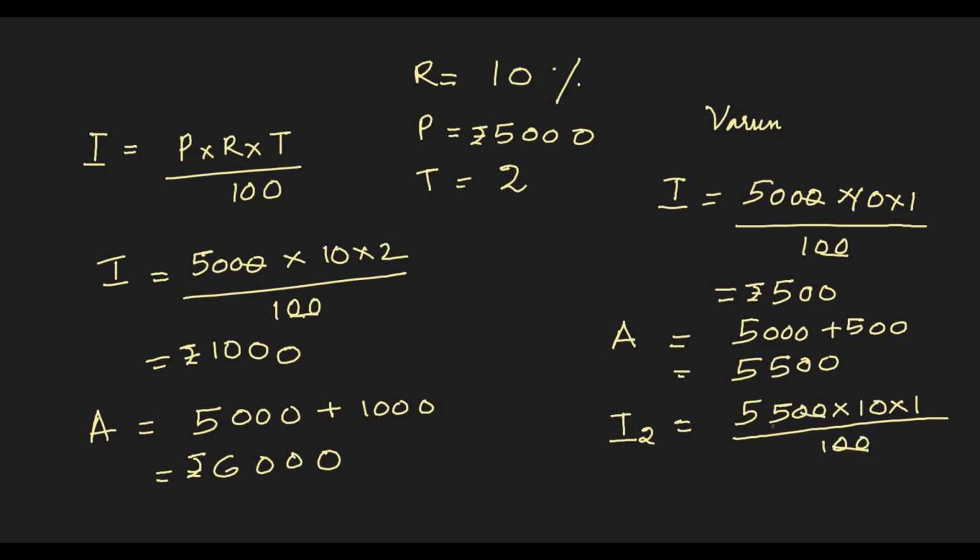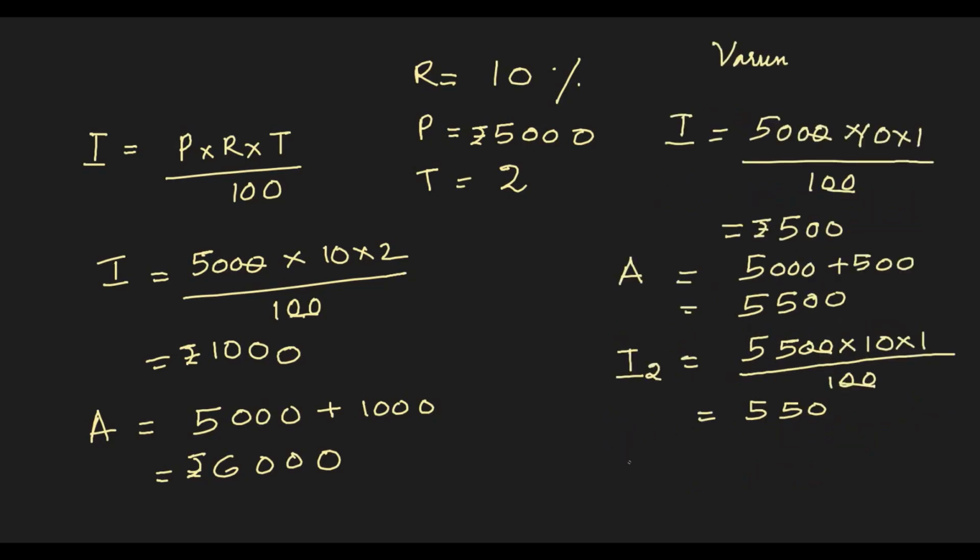That means 55 into 10, 550. So what is the amount? Here Varun gets the amount deposited, 5,500, plus the interest, 550. So he gets 6,050.